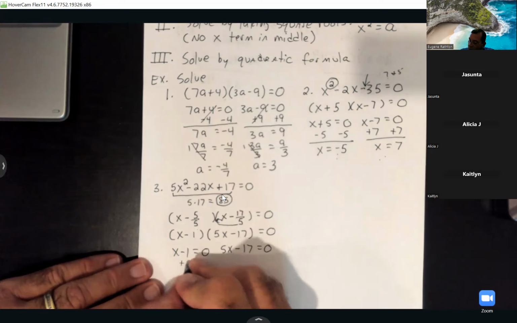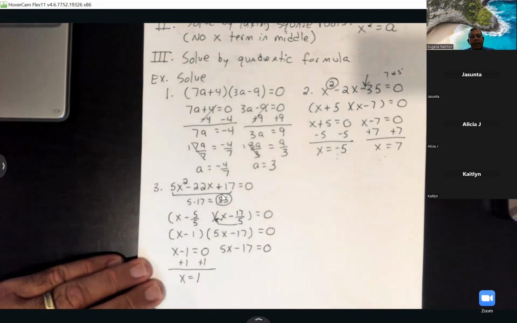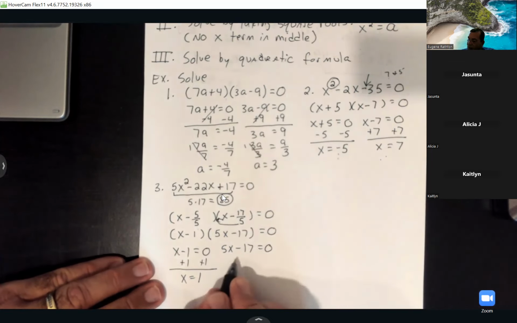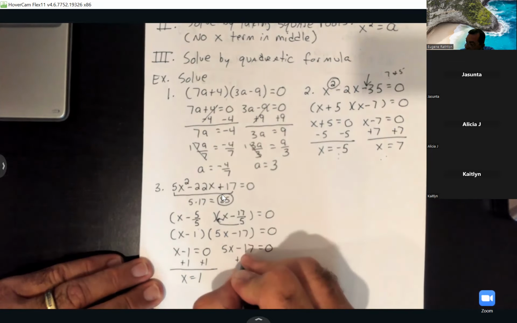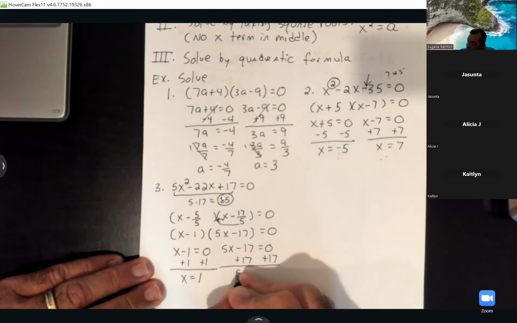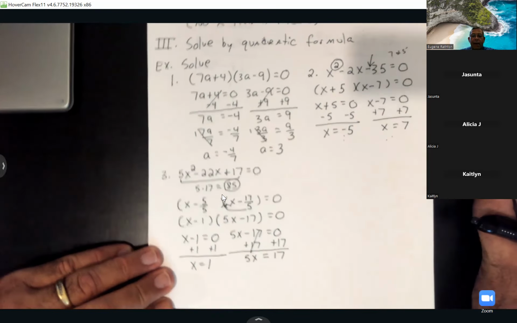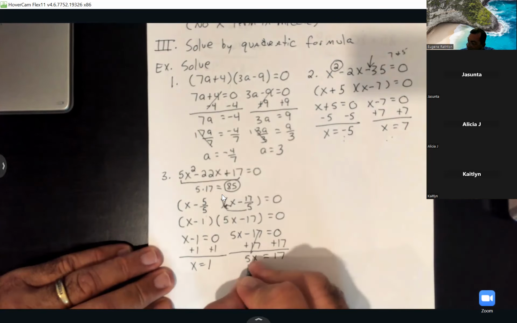All right, so the first one, I'm going to add 1. I get x is a positive 1. On the second one, we're going to add 17 first. So I get my 5x, those cancel, equals 17. And then divide both sides by the 5.